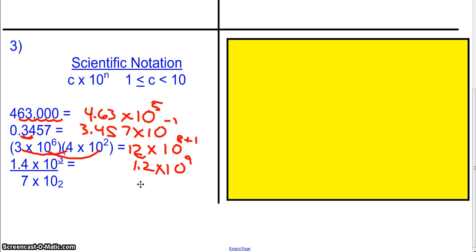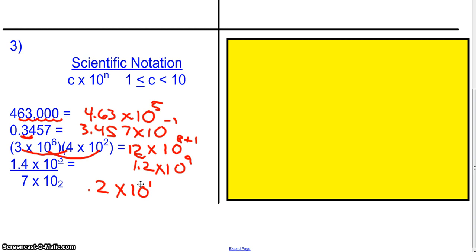Good. Okay, when it comes to dividing scientific notation, we can do it in parts again because these are all factors, right? So what is 1.4 divided by 7? 0.2, good, 0.2 times 10 to the 3rd over 10 to the 2nd, which is 10 to the first. Now is that scientific notation?